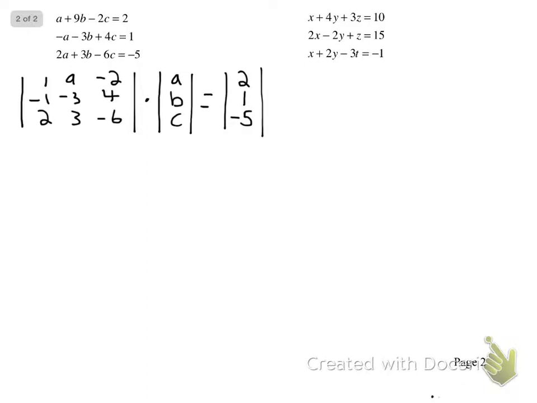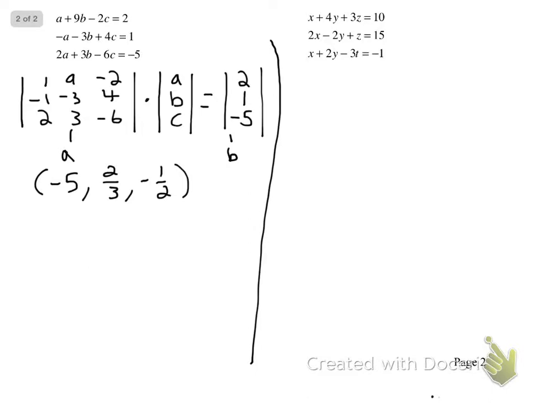So again, you'll set this up in your calculator, and you will make this matrix A, this matrix B, find the inverse of A, and multiply it by B, and that's what you'll get. So in your calculator, it should look like A to the negative first power times B, and it will give you that right there in your calculator.